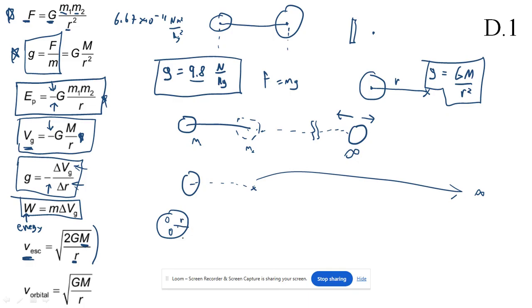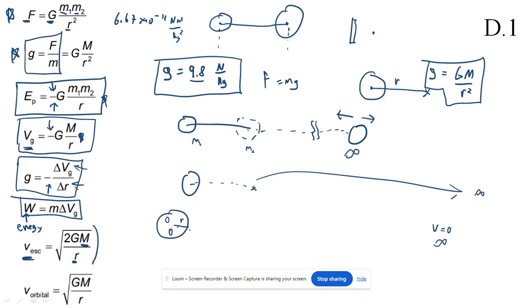That would be the radius of the moon, and we shoot something straight up. What we're going to say is that it's going to go out here, and when it reaches infinity, it stops moving. Of course, when it gets close to infinity, it's going to be almost not moving. And so the question is, if we want to shoot it, that's the escape velocity.